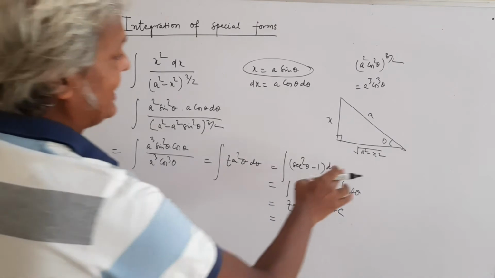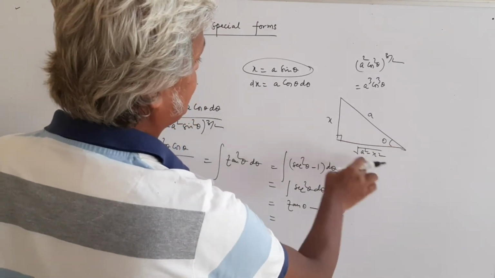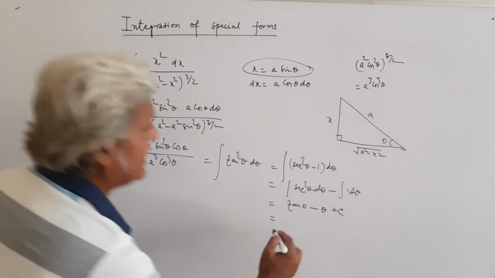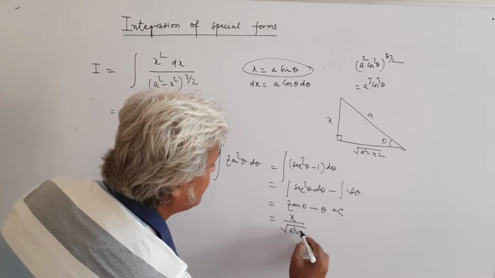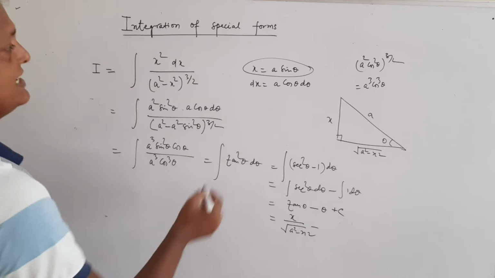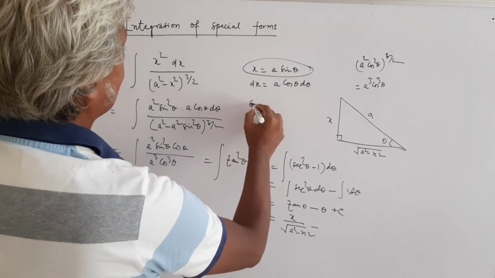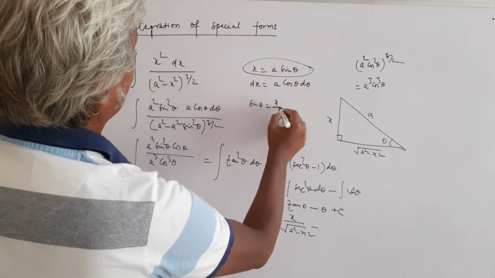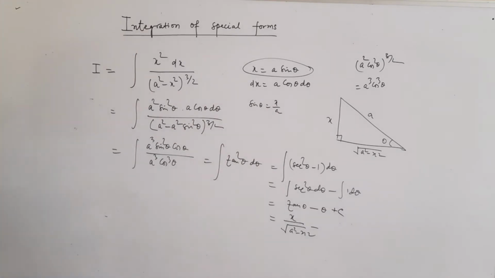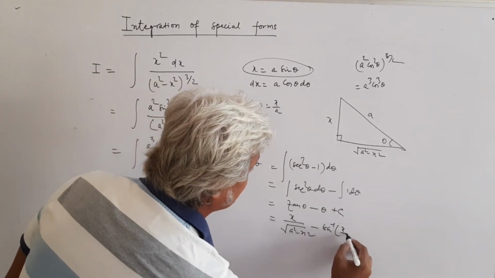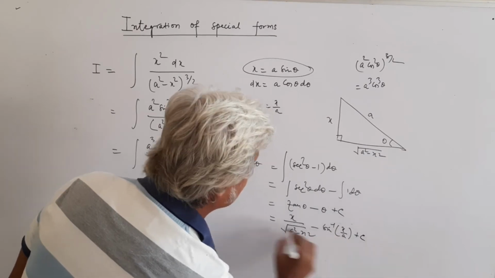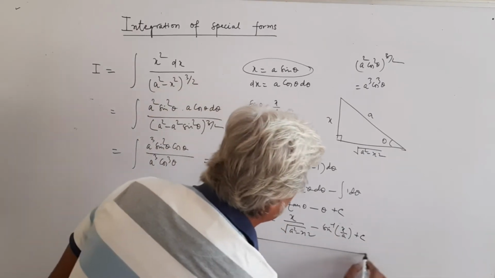So tan theta is opposite by adjacent, that is x over under root a square minus x square, and minus theta. Theta is sine inverse x over a. So this is x over root a square minus x square minus sine inverse x over a plus c, and this is your answer.